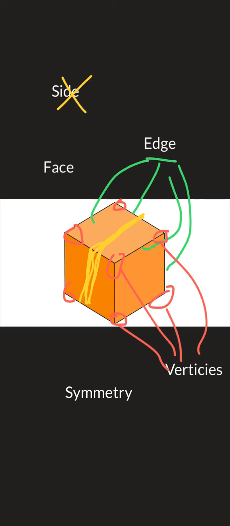So that would be my line of symmetry. And the faces, remember, a face is every two-dimensional shape. So I've got a face here, here and here on this picture of the cube. There we go, I've labelled my three-dimensional shape.